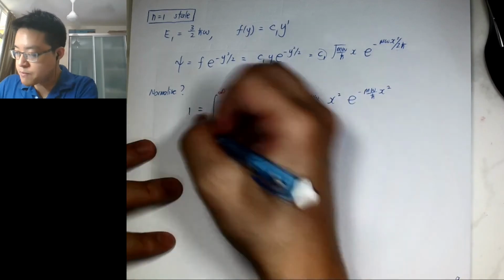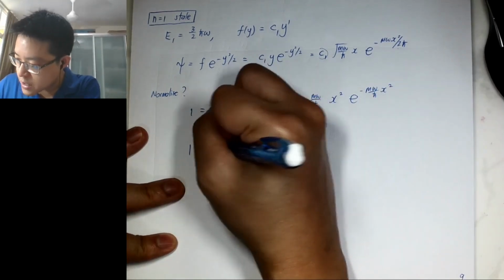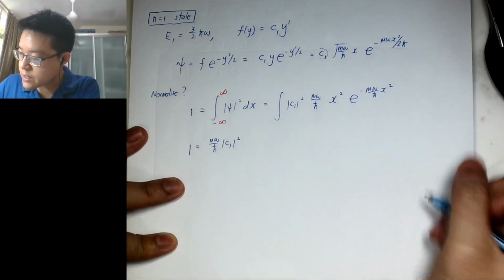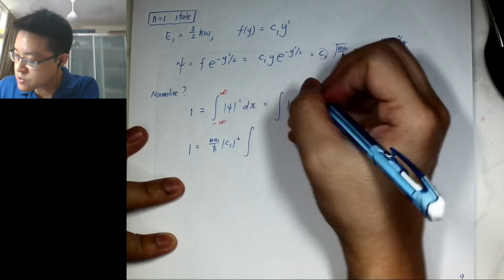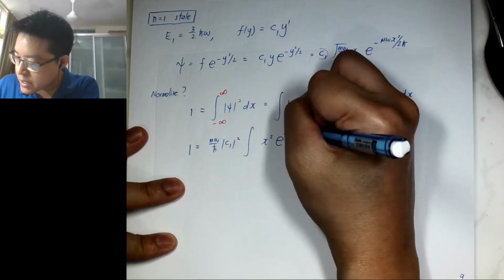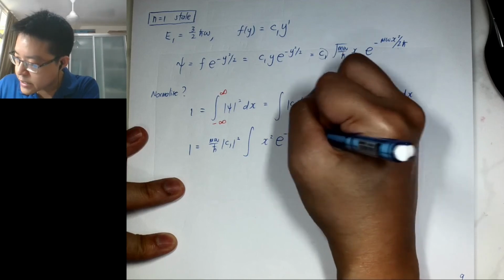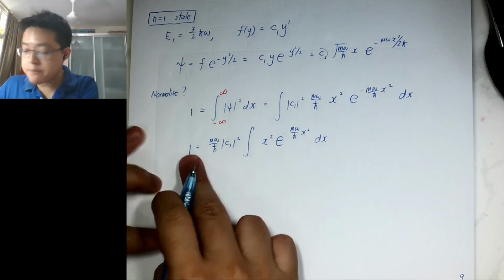So let me move the constants away. I've got m omega over h bar, absolute value of c1 squared, and I integrate with respect to dx. What I want to do is integrate x squared times e to the power of minus m omega over h bar x squared with respect to dx, and this whole thing must equal 1.